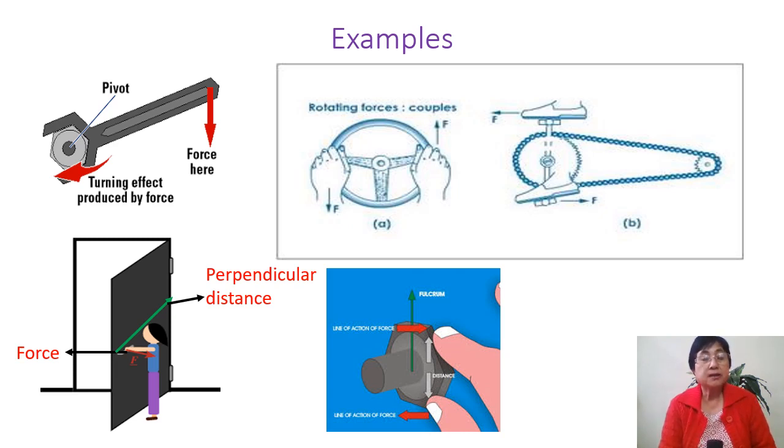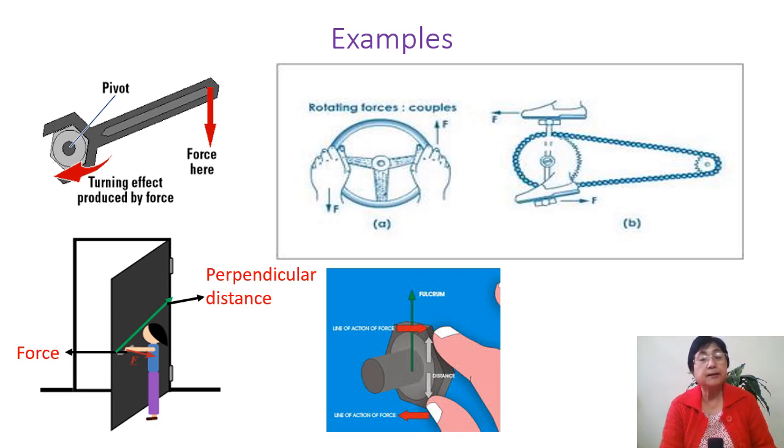The next one is the one that you usually apply at home, knowingly or unknowingly. That is opening and closing the door. In this case, we have the hinges as the pivoted point. Because we have 2-3 hinges here, this will not simply be the pivoted point, but also the axis of rotation, since we have a huge body. Usually we apply the force near the edge of a door.